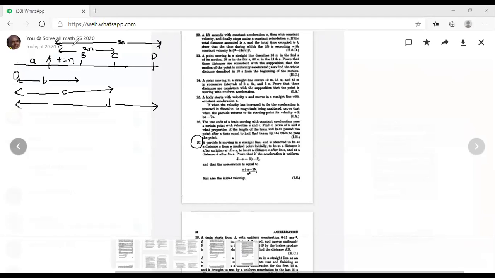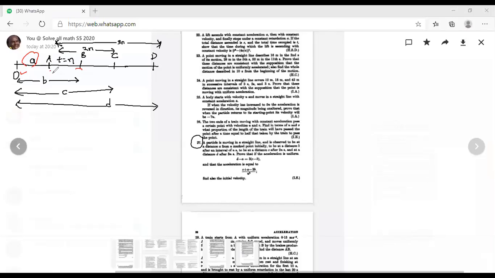Now, the special bit about this, eyes open very well: it was initially a distance A away from the marked point O. But when it started moving, it covered time n. So it moved from A to B. What distance did it cover from A to B?